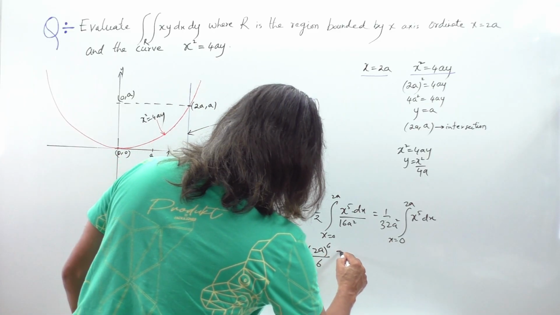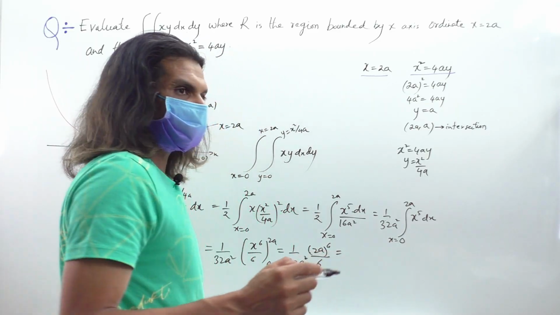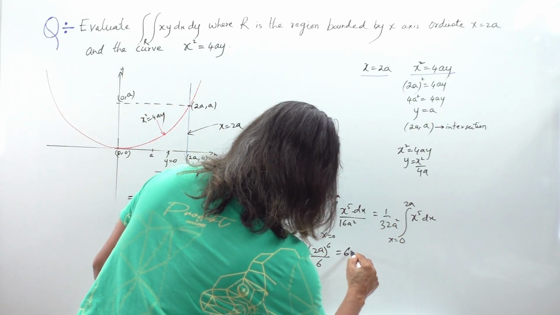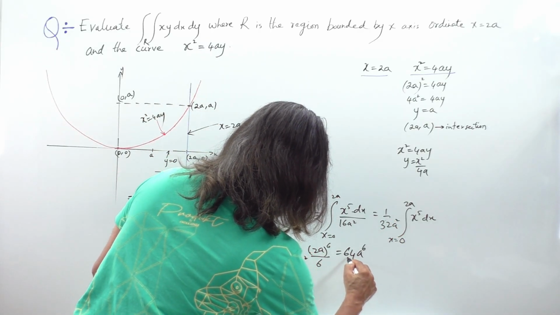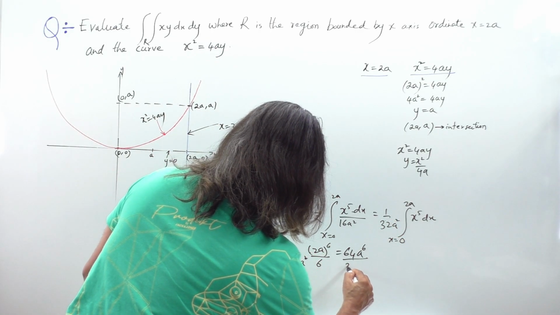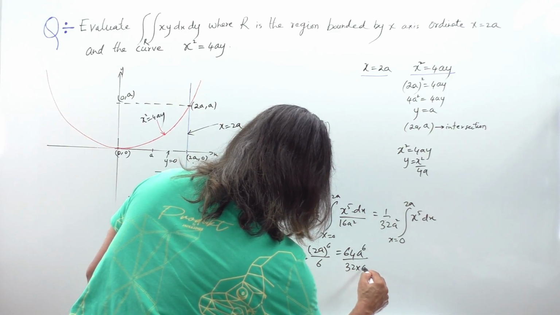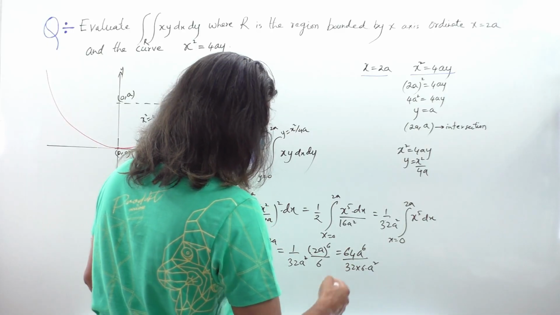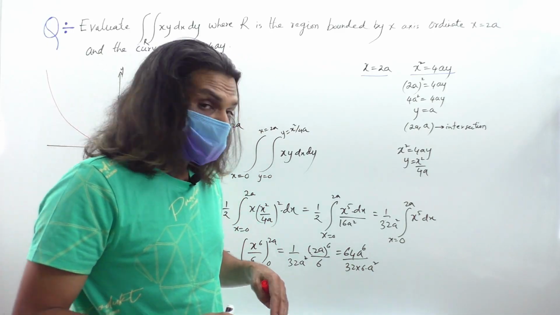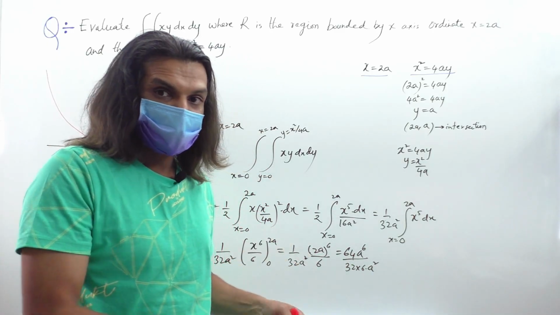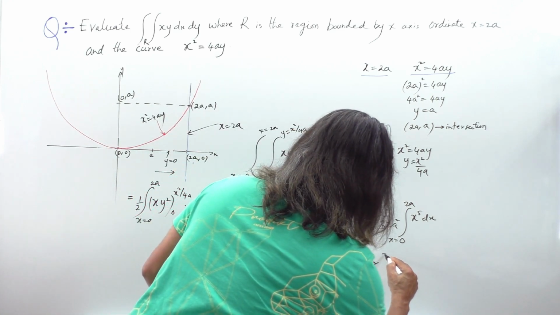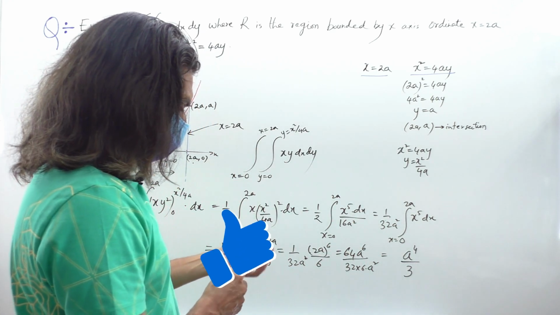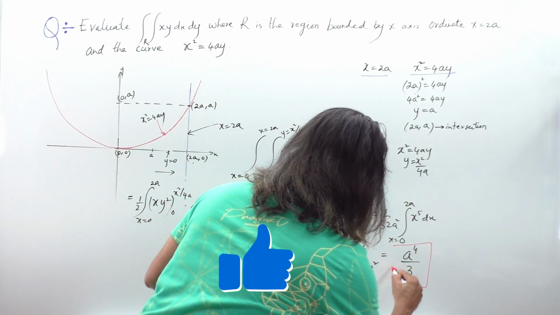Simplified further, we get 2 raised to 6, which is 64, so 64 a raised to 6 upon 32 into 6 into a square. After simplifying this, we get the answer as a raised to 4 by 3. So this is the answer which you need for this.